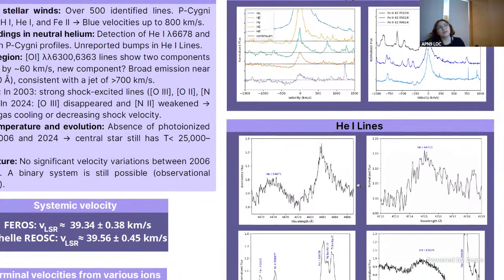We also did a study of the knots. This is an object that has a lot of knots. So we did some of this, and we found different things from 20 years before that is public data.